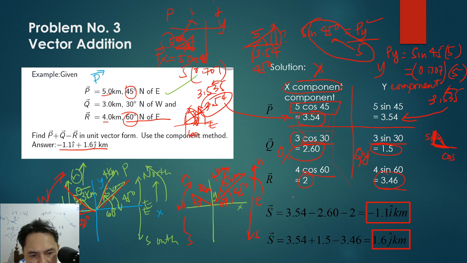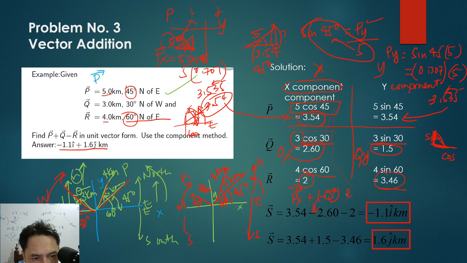Why minus here? Because this is 3.54, p sub x. P sub x is positive going to the right, and then plus q. What is q? Q is going to the left. That's why it's negative.